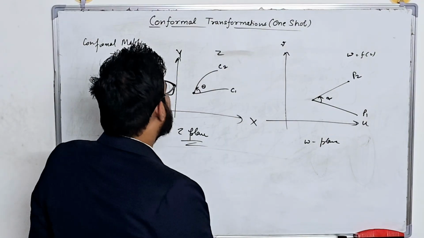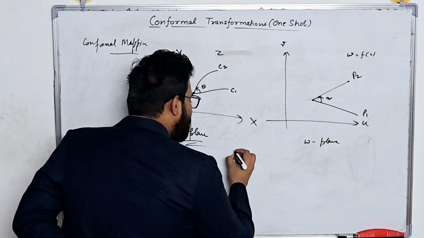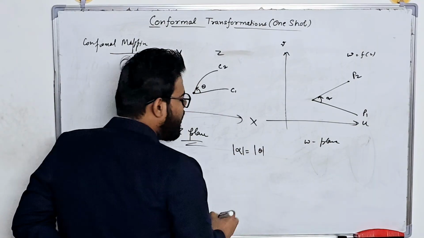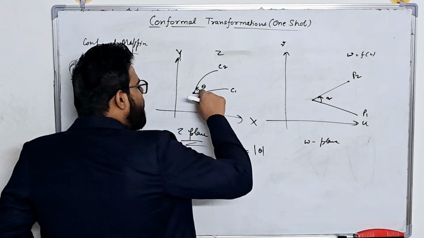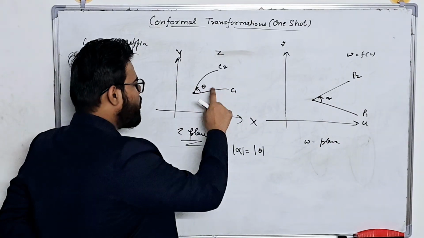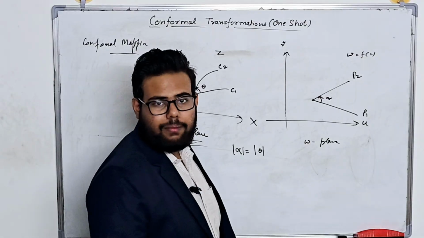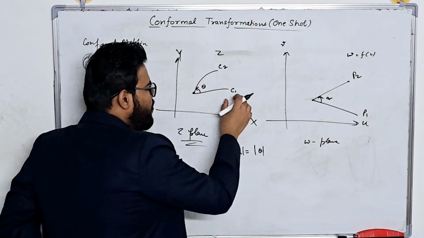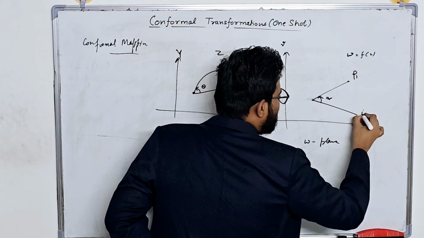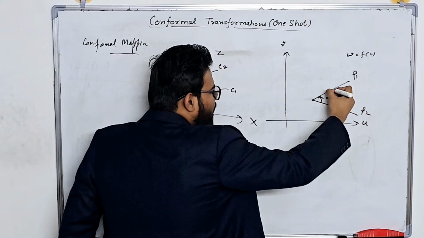Now to be a conformal transformation, it must follow that the magnitude of alpha must be equal to the magnitude of theta, and they both should be along the same direction. In this they both are along the anti-clockwise direction. But suppose if C1 corresponds to P1 over here and it was P2 over here, then the angle would be like this.